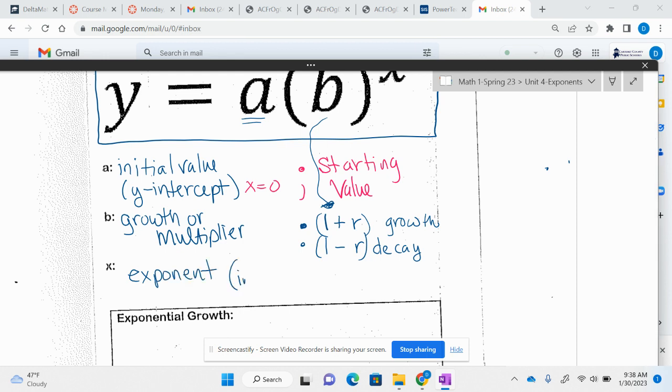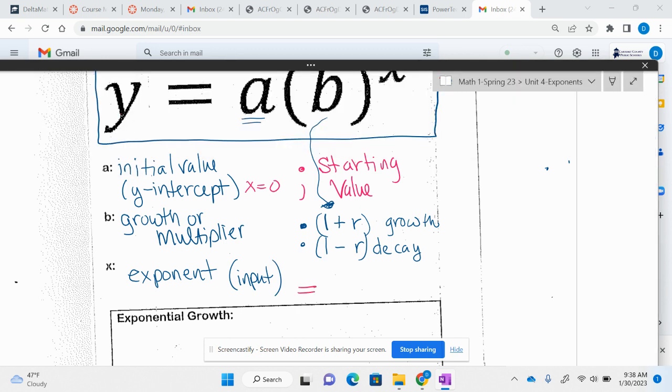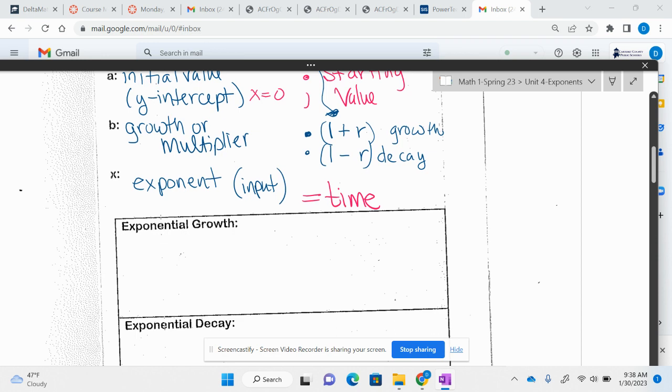And then X is the exponent. And remember, it is the input value. When we talk about growth and decay, this exponent typically is time. So the formula that we use for exponential growth is y equals A, your initial value, times 1 plus r, 1 plus my rate, just like I set up there, to the power of t.